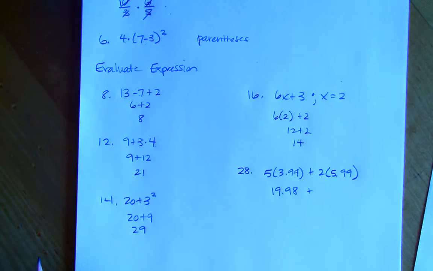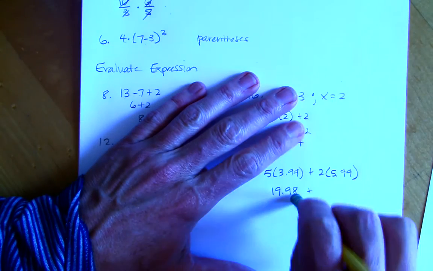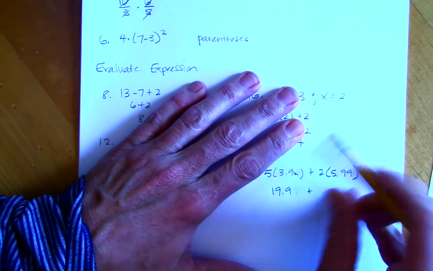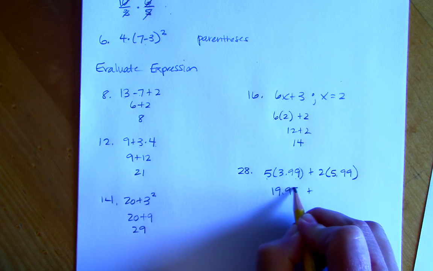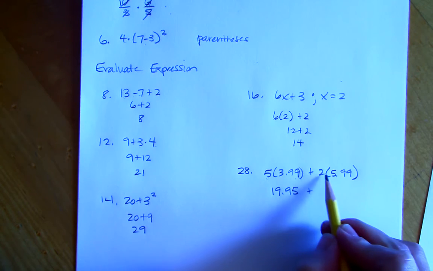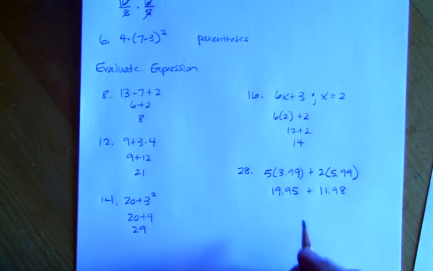And this is 2 times 6, so it's 12 minus 2 cents. Minus 5 cents, right? Sorry, 99. So for each skein, I'm missing a penny. So 19.95. 2 times 6 is 12, but for each skein, I'm missing a penny. So that would be 11.98.